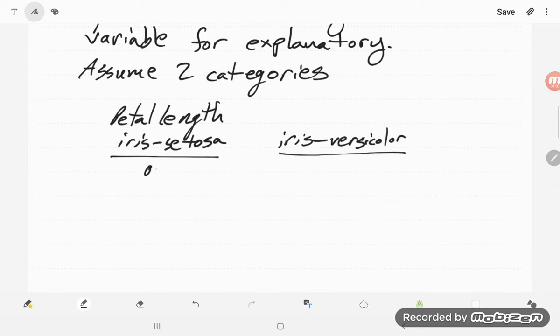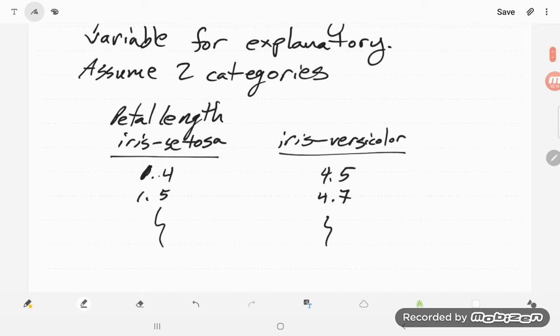So, you know, petal length of somewhere in the 1.4 range, 1.5, that sort of thing. And the versicolor has longer petals, so maybe 4.5, 4.7, and so forth. Okay, so you'd have those down.